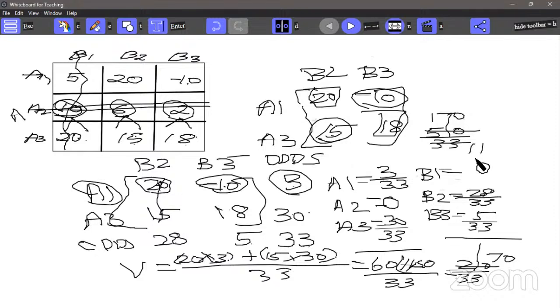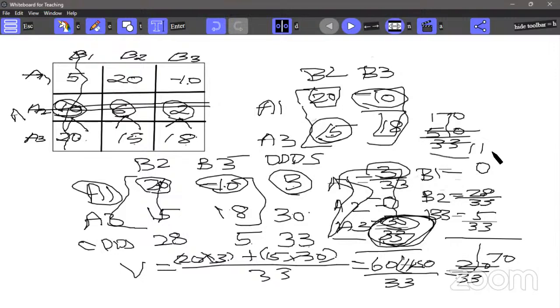These probabilities give A the idea that he can use the A3 strategy more often. Out of 33 times, 30 times he can use that strategy, and 3 times he can use the first strategy.